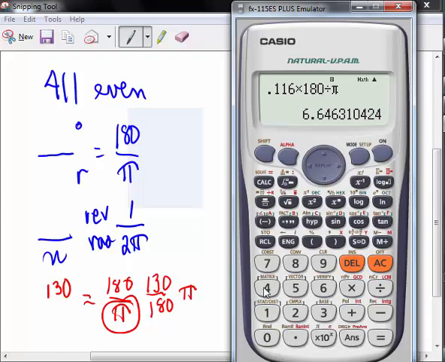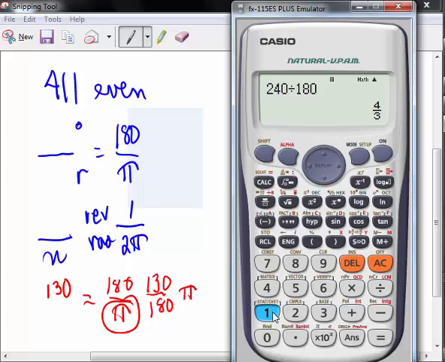So let's look at number 19. So we have 130 divided by 180, which is 13/18. So we would say 13/18 pi. Number 22, 240 divided by 180, we would say 4/3 or 1 1/3 pi.